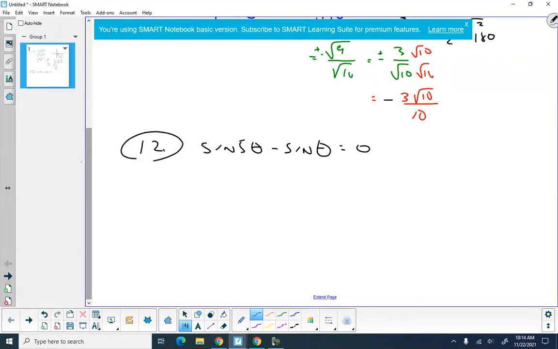Well, if I take a look, we have a sine of x minus sine of y. Your sine of x minus sine of y is equal to 2 cosine of (x plus y) divided by 2 times the sine of (x minus y) divided by 2.